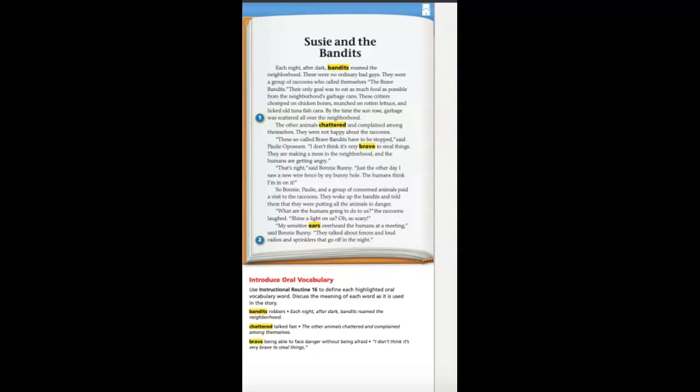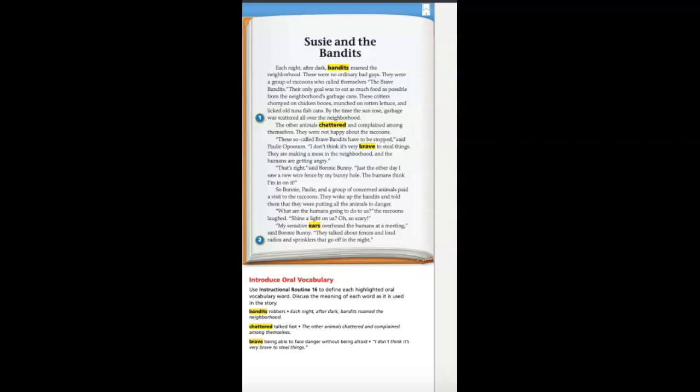Susie and the Bandits. Each night after dark, bandits roamed the neighborhood. These were no ordinary bad guys. They were a group of raccoons who called themselves the Brave Bandits. Their only goal was to eat as much food as possible from the neighbors' garbage cans.